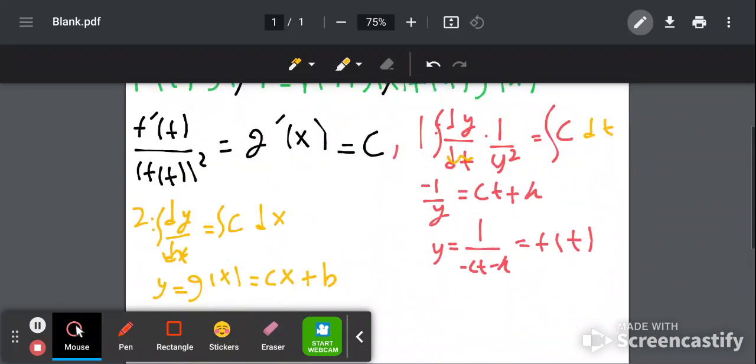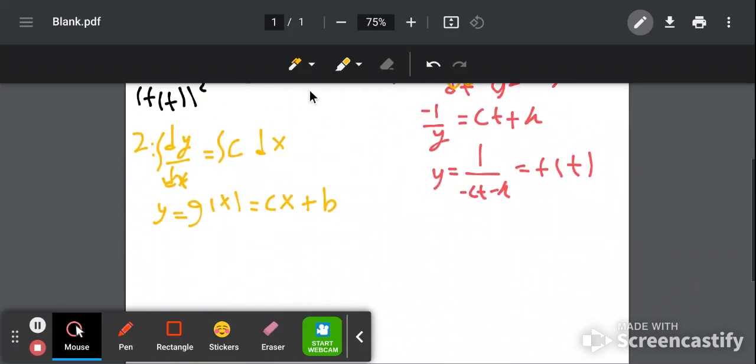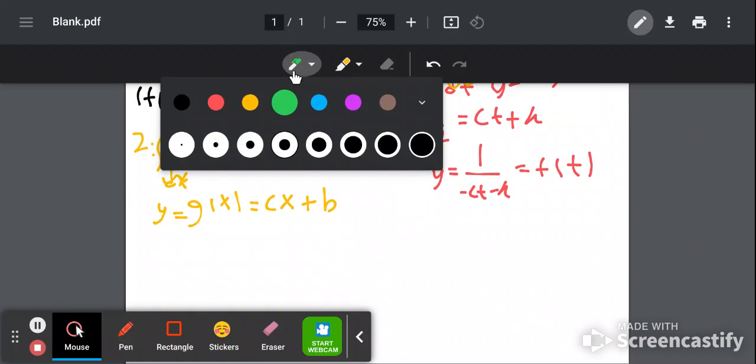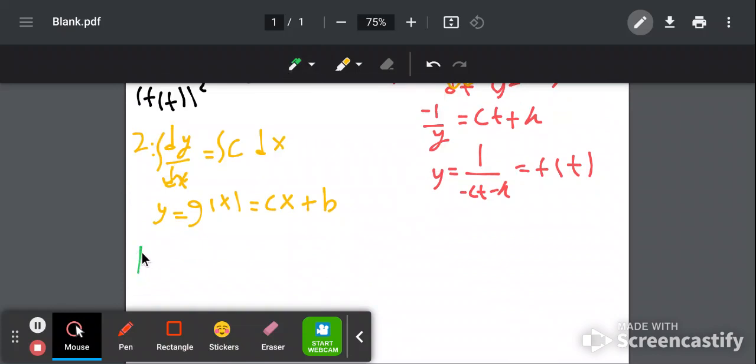Our last thing to do is to multiply them, and it's pretty easy because we know that f, I'm going to call it f of t comma x, being the function of two variables, is the product of these. So cx plus b times 1 over that is just cx plus b, and then all over negative ct minus k.